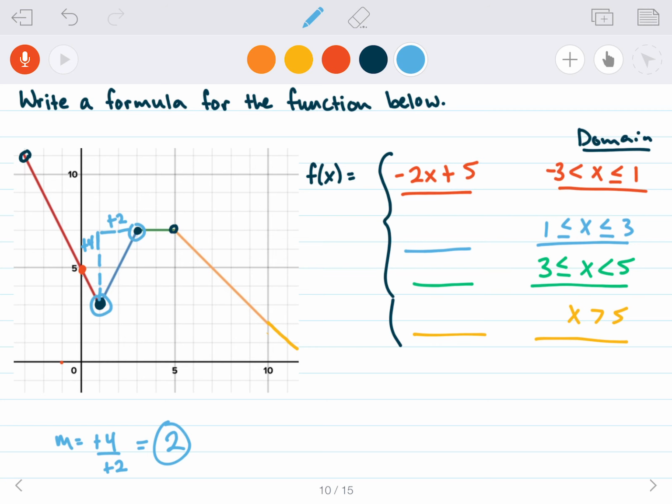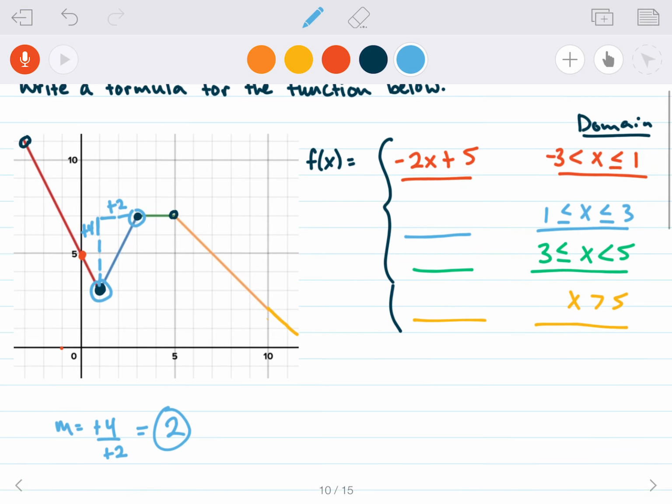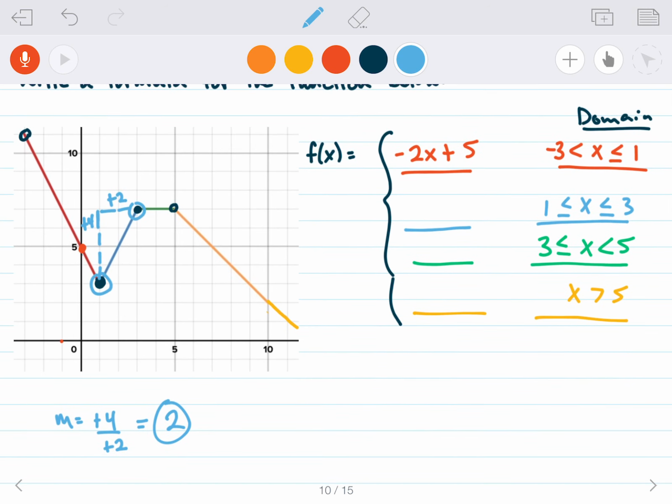Now, 2 negatives also make a positive. So if I were to work backwards to find out what my y-intercept is, I could certainly do that. I'm going to just show you that right here. I could go down 2, 1, 2, and to the left 1.